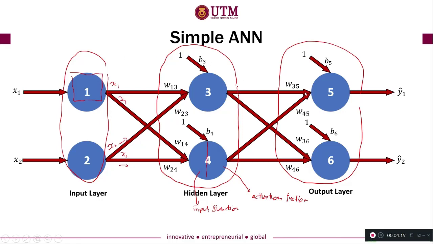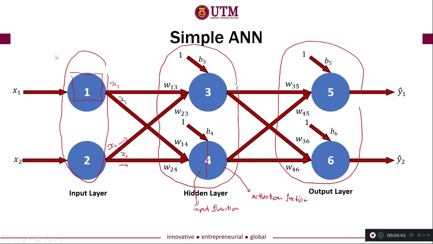I just label each neuron, each node, with a number: 1, 2, 3, 4, 5, 6. Then this is the input X1 and X2, and once you compute, you will find Y1 hat and Y2 hat, which represent the predicted outputs.